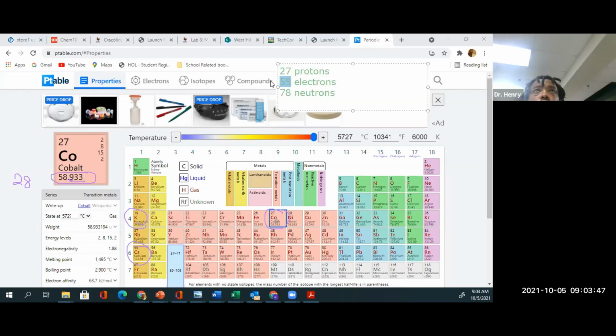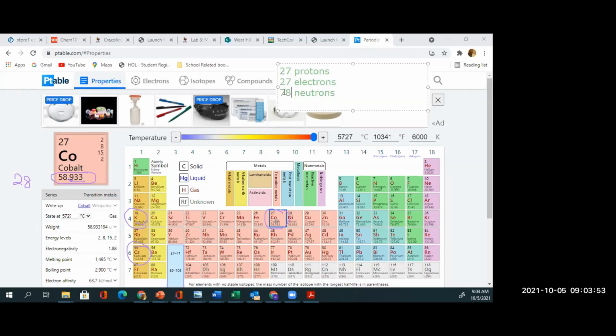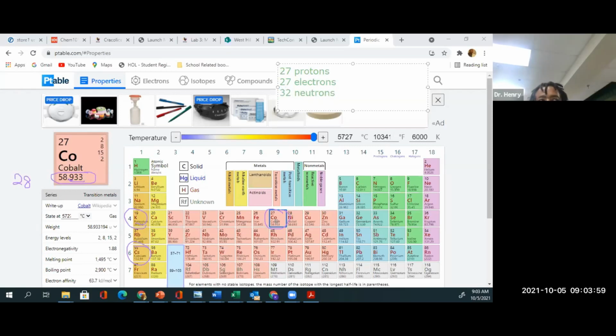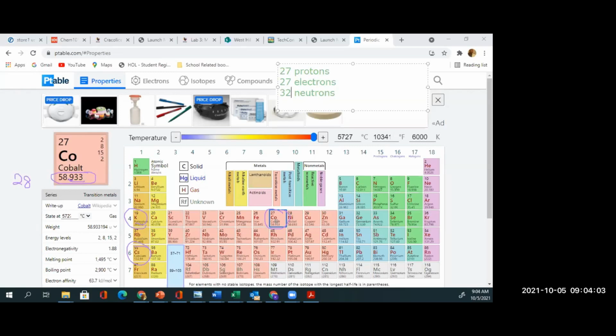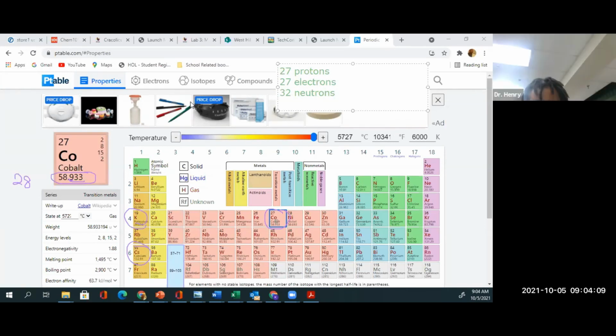How many electrons for cobalt? 27. And how many neutrons for cobalt? 32. Okay. Piece of cake. Everyone else is good? Okay, good.